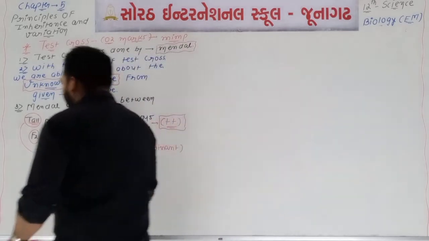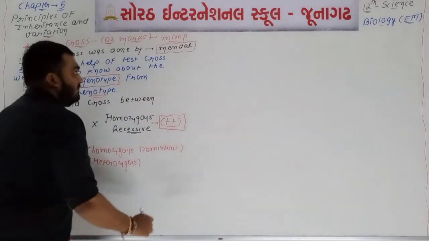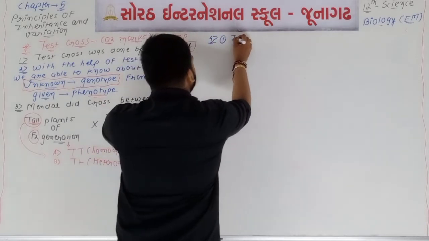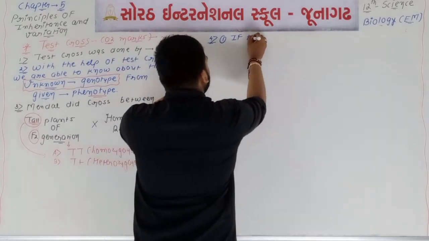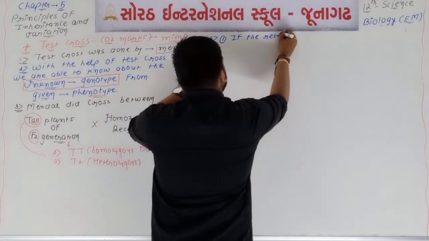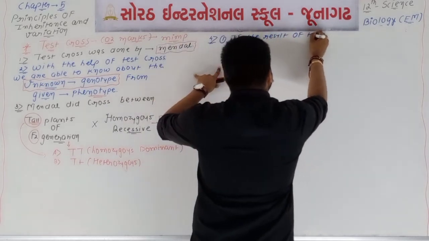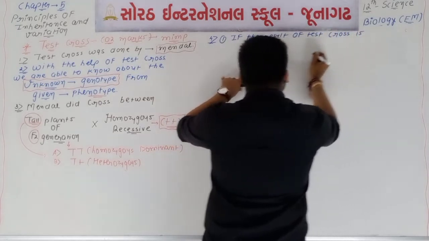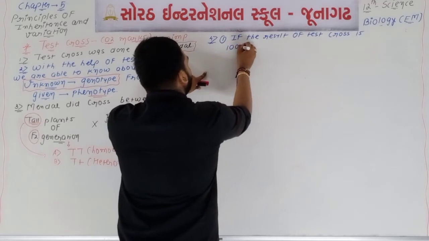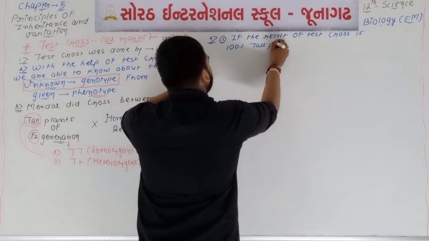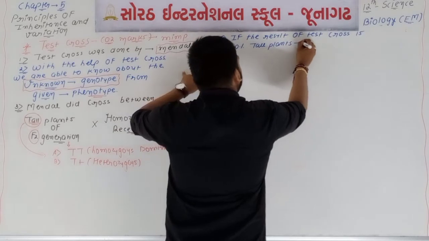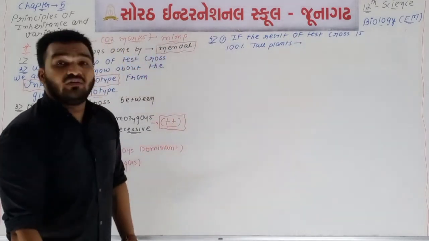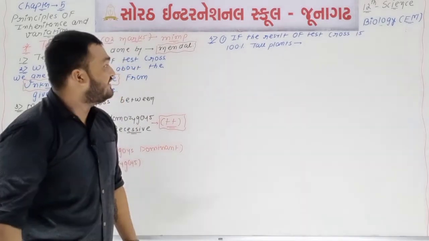Mendel said that, point number 4, if the first option, if the result of test cross is 100% tall plants. See, we are writing tall plants, means we are writing the phenotype.